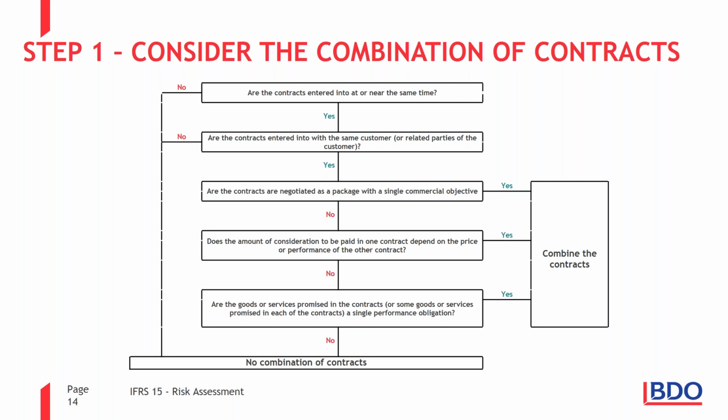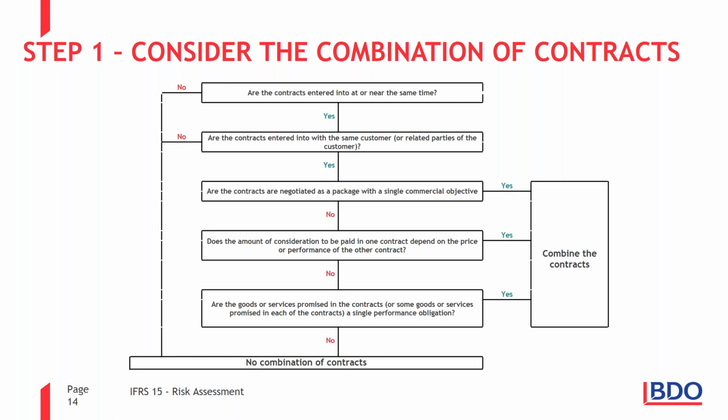Potentially it's a single performance obligation because you're going to do the whole thing together, relocating and swapping the existing kitchen with the media room. It's so interrelated that it's a single performance obligation. So in that instance, we have to combine contracts, and then we can move on.